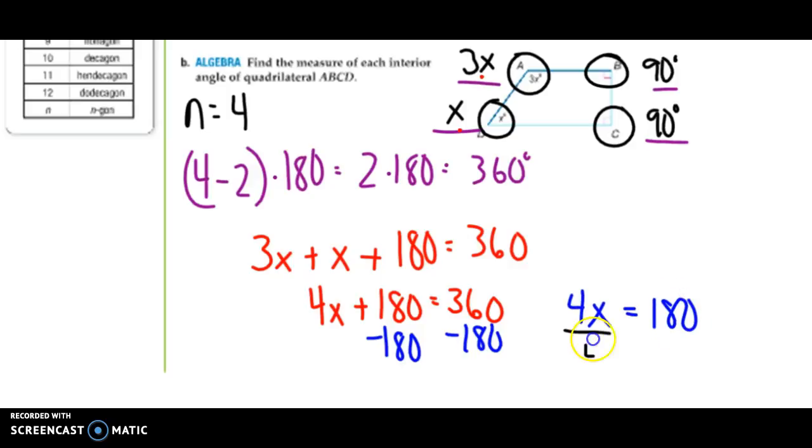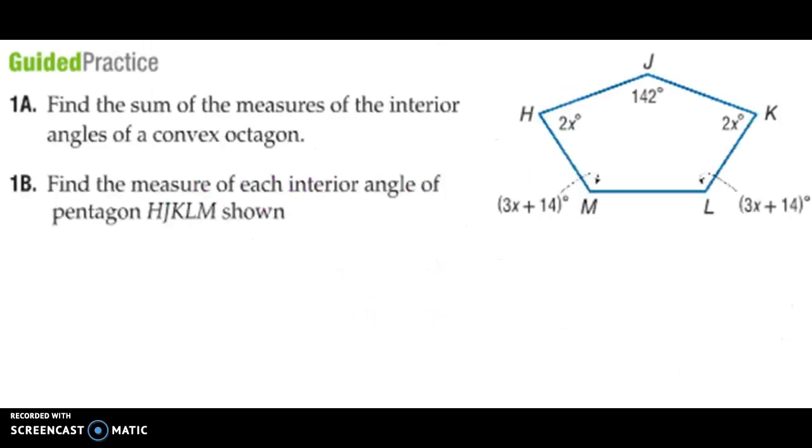Divide both sides by 4, and you see that x has a measure of 45. Okay? So that means that this x right here is 45 degrees, and this measure right here, 3 times 45, would be 135 degrees. And if you wanted to check your answer, you could add up all 4 of them. It will add up to 360 degrees.